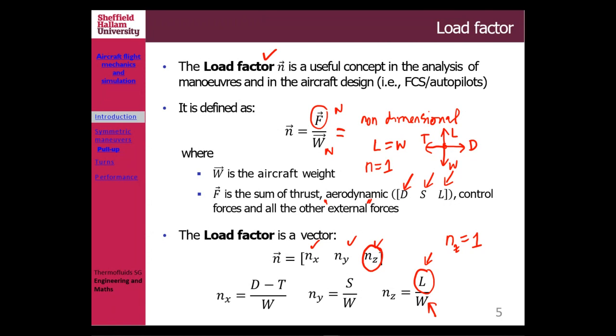Later on you will see that for one flight envelope, the x-axis is your speed or velocity, and the load factor is the y-axis. So we can limit the maximum speed your aircraft can fly, and of course the maximum load factor that it should endure, in terms of limiting.